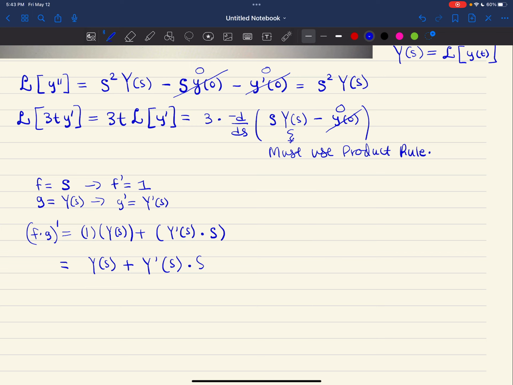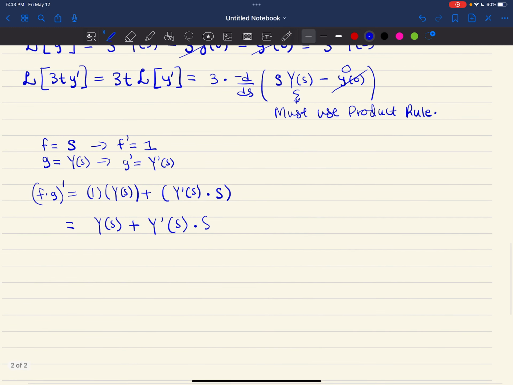Now you also have to recall that once you take the derivative, you have to multiply with minus 3, because that's what we have there. So then just multiply this entire thing with minus 3.